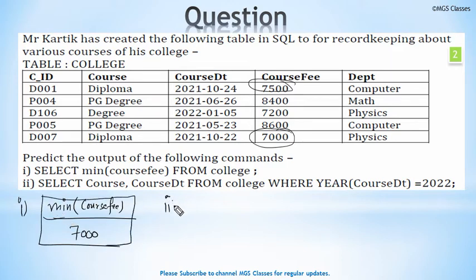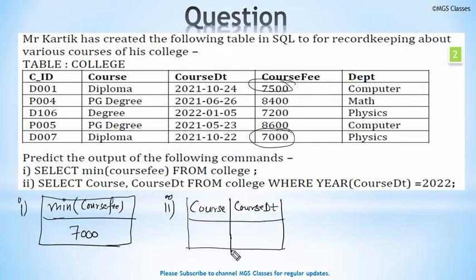Now the second question we are going to solve is select course, course date. You need to select two things only in the output, and since a where condition is mentioned, all the results will not come. You need to select those results which satisfy the where condition.